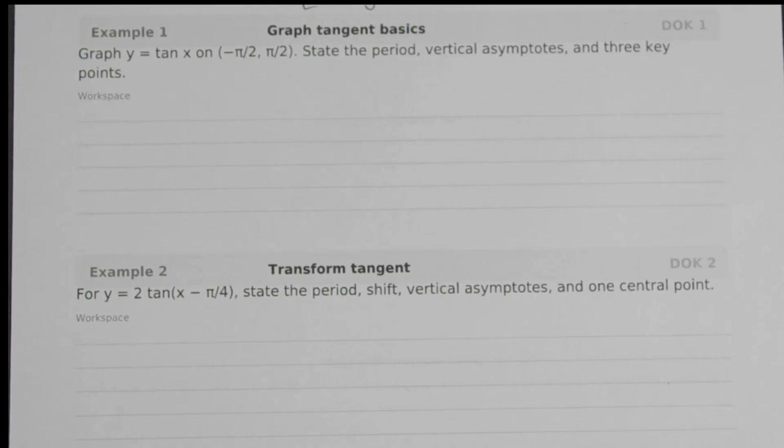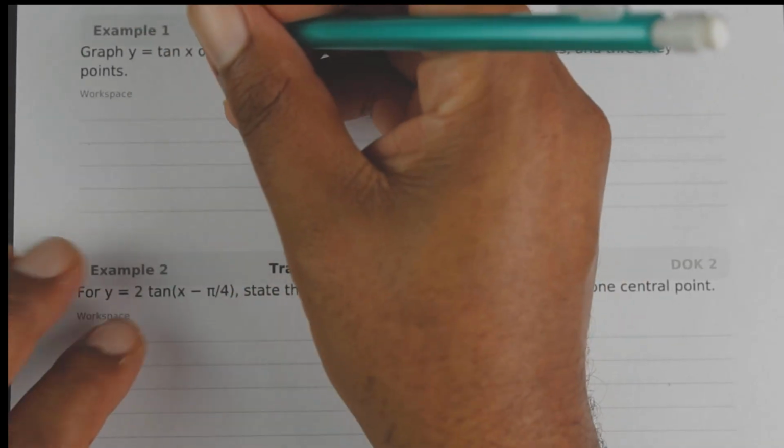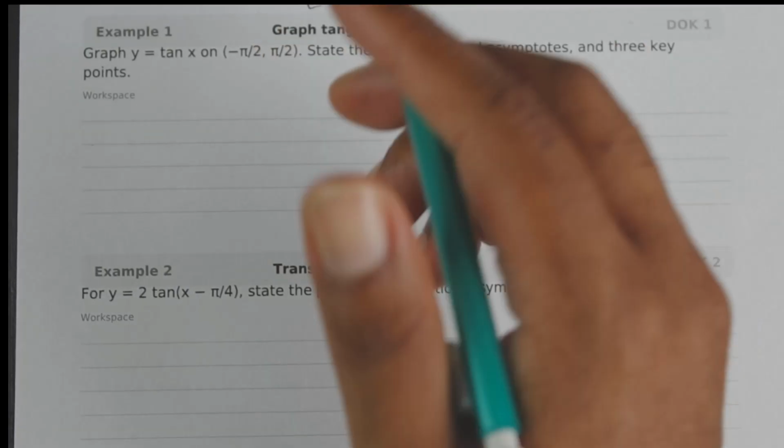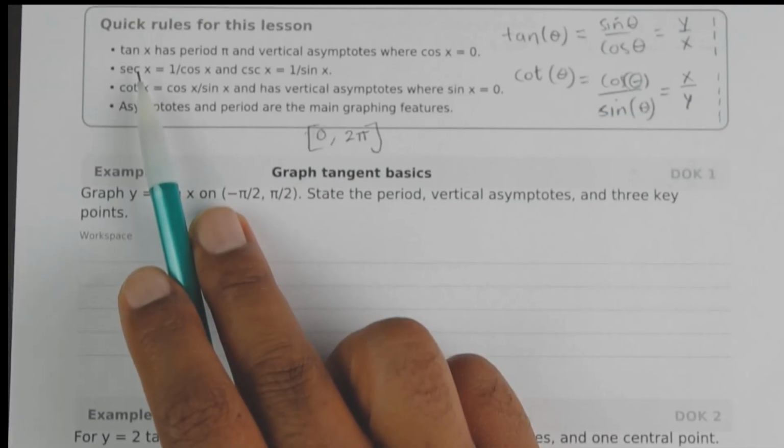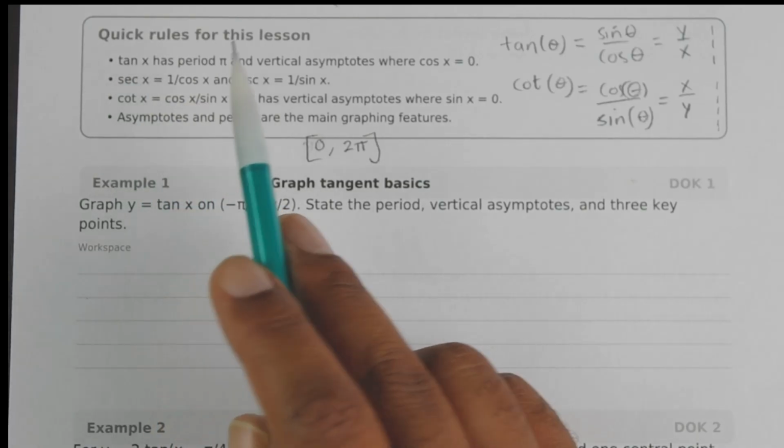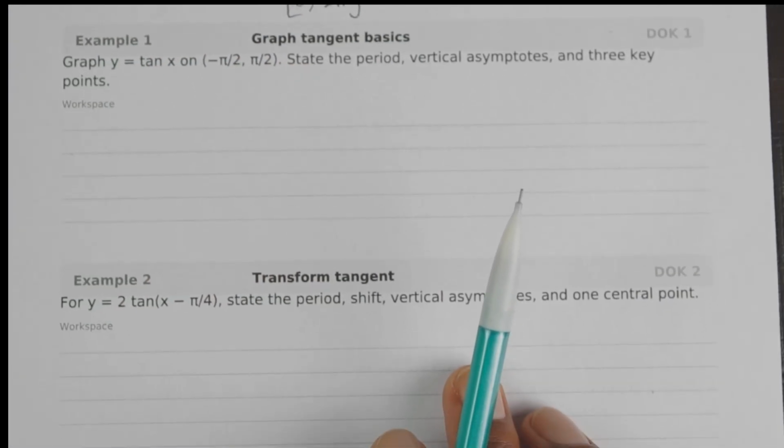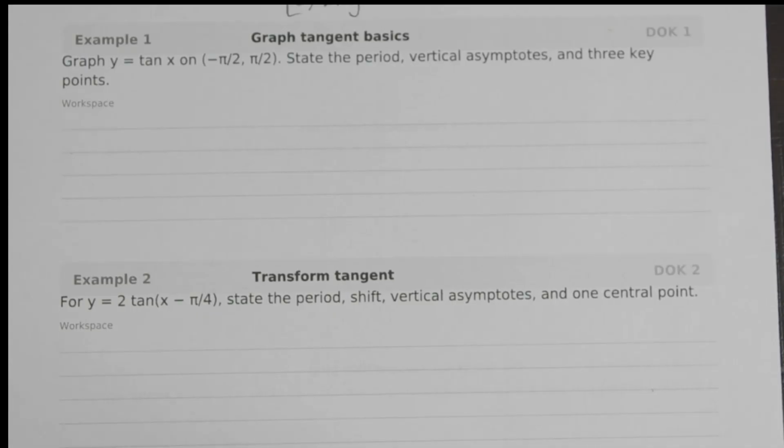Okay, so tan x has period pi, which is what we said earlier up here. Tan x has a period of pi. So when we're thinking about this, the first thing we want to do is divide by cosine.